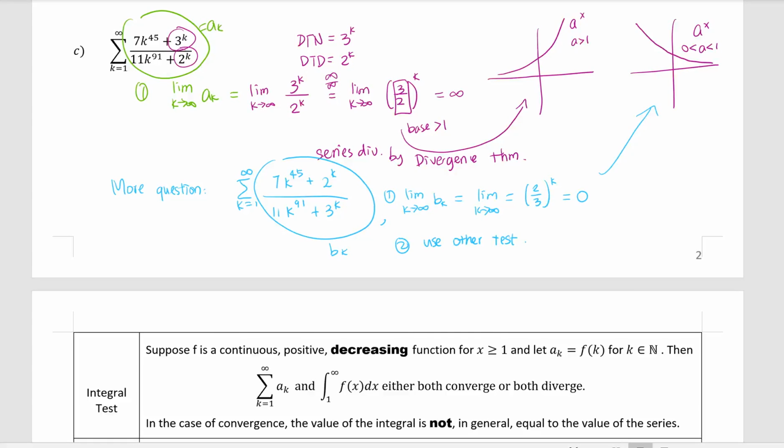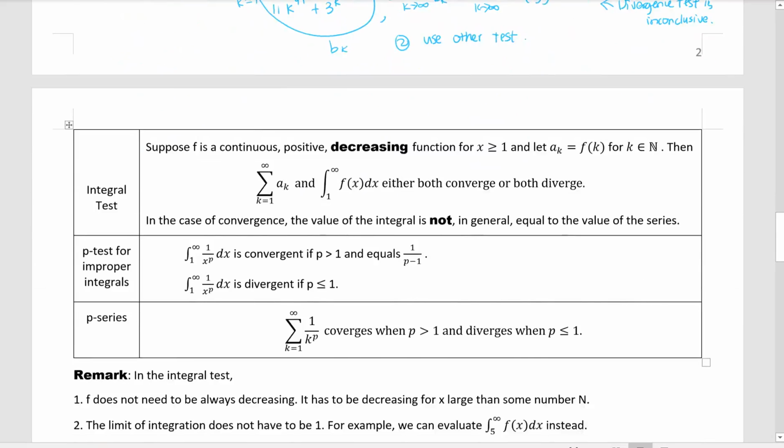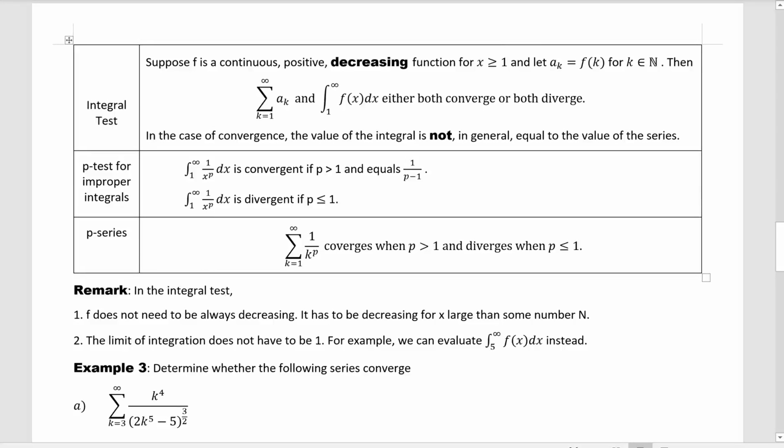So be careful. If this is 0, the divergence test is inconclusive. So we need to use another test. So that is the first test we learned, the divergence test.